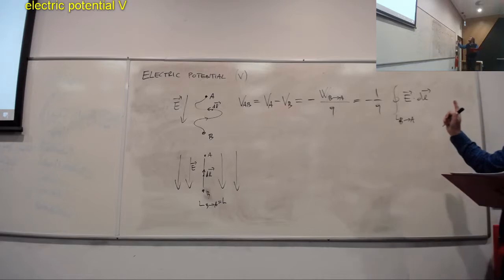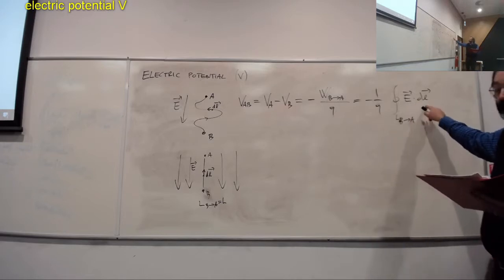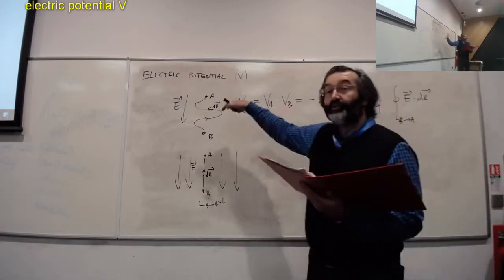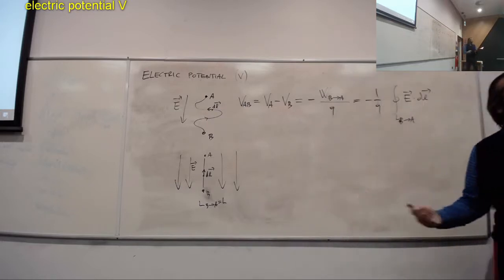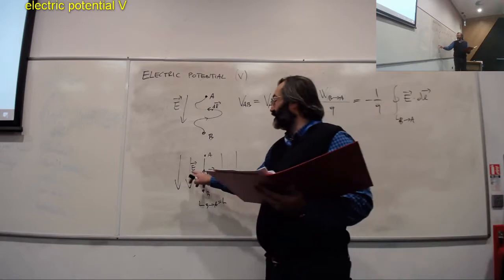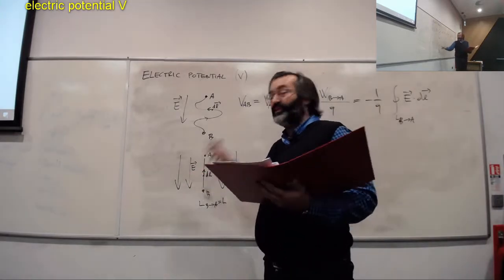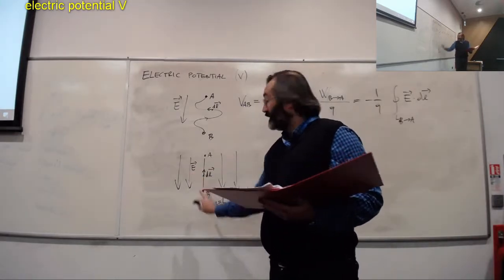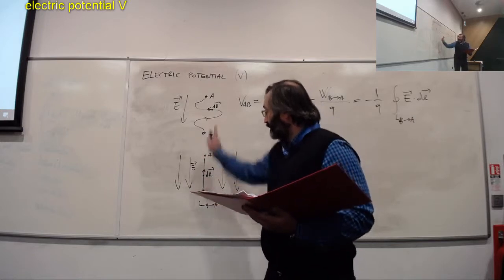The only thing you need to be careful of is that these two vectors are in different directions, so the scalar product needs to take that into account. You need to consider the component of the electric field along this L.